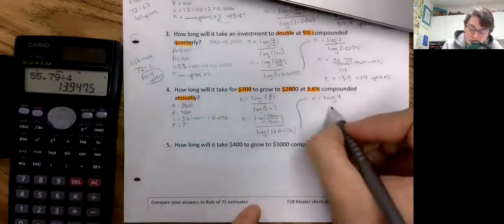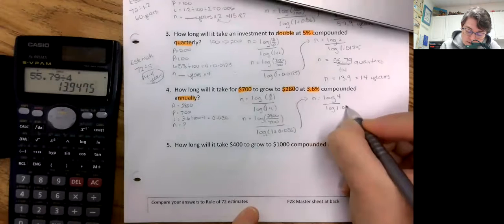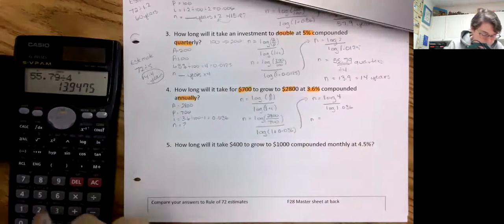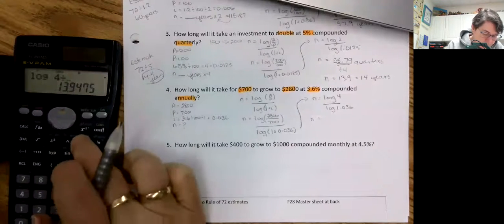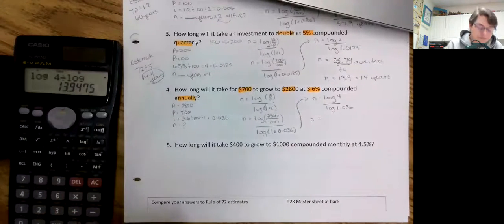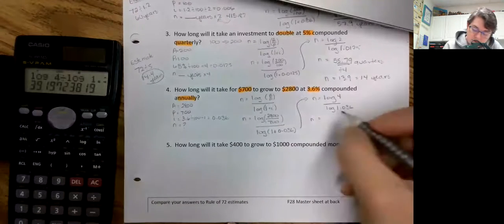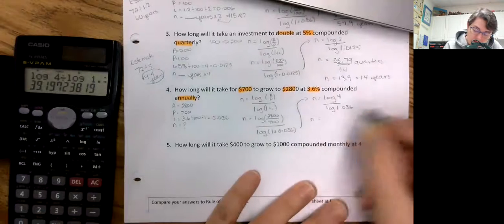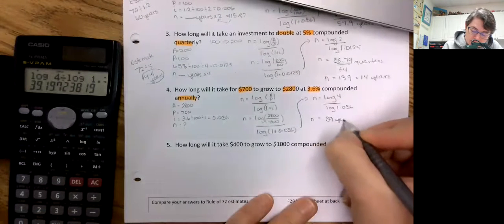So log of 4 over log of 1.036. All right, so n is 39 years.